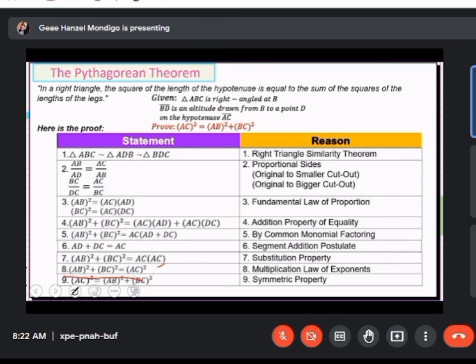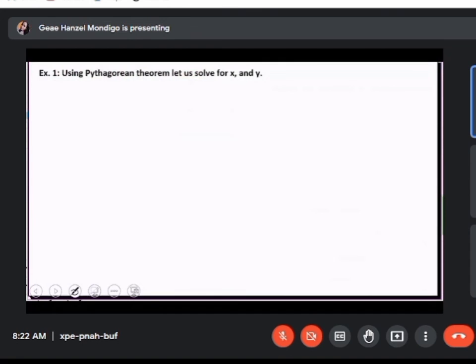We have AC squared is equal to AB squared plus BC squared. So this is now the proof that our Pythagorean theorem is AC squared is equal to AB squared plus BC squared. Here we have our example number 1 using the Pythagorean theorem.